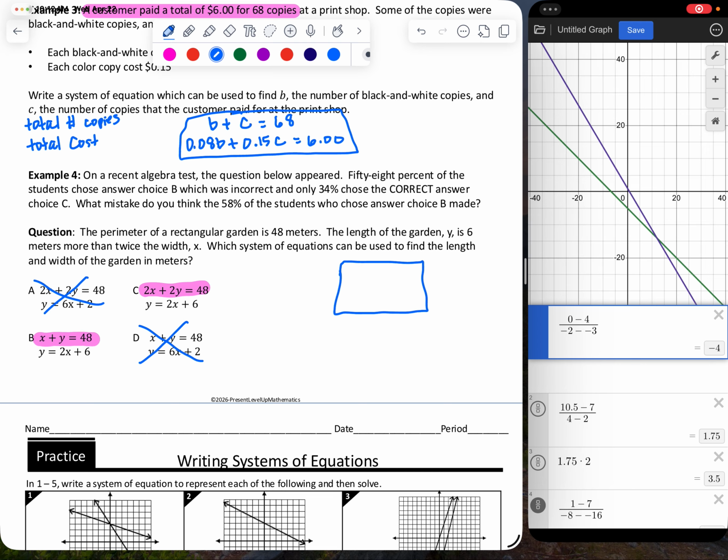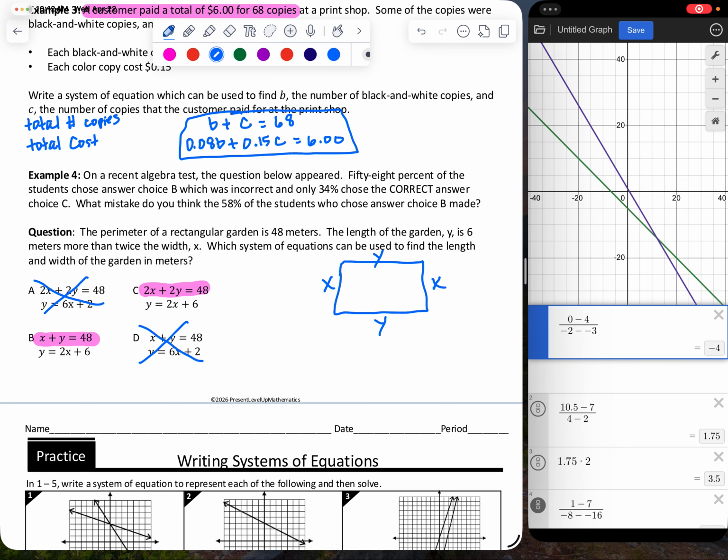Because in a rectangle, we have a length and we have a width, okay? So they want the width to be x and the length to be y. So look at answer choice B and see if you can figure out what is wrong with B.